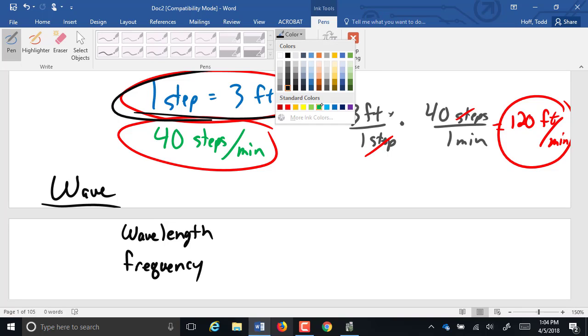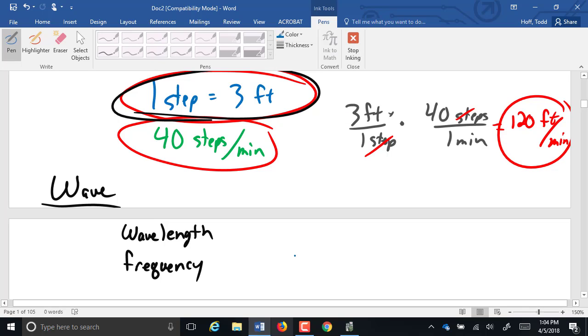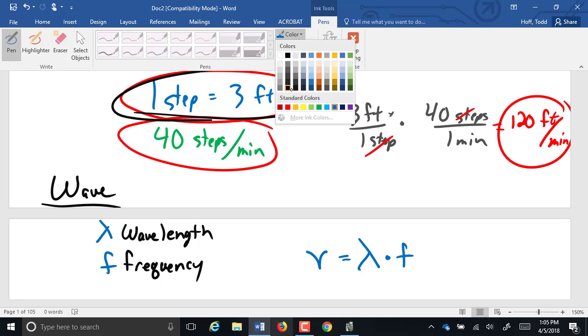So the velocity of a wave, we use that script V to represent velocity of a wave, is the wavelength, the Greek letter lambda, times the frequency, F.